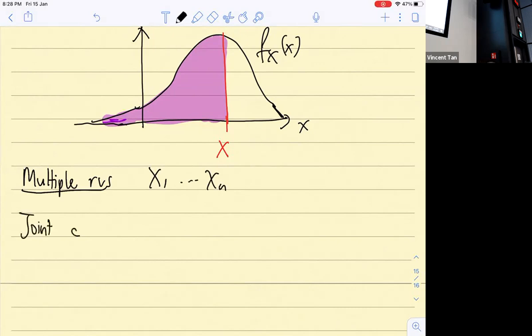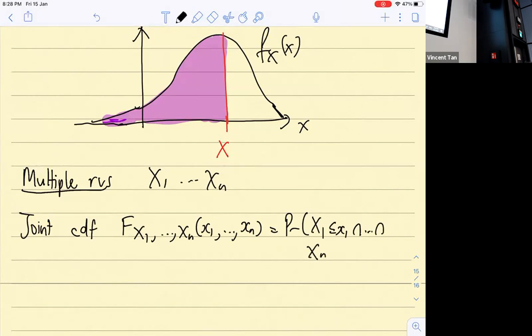We can talk about their joint CDF, which can be written as F_{X1...Xn}(x1, ..., xn). This is nothing but the probability that X1 is less than or equal to x1 and Xn is less than or equal to xn.